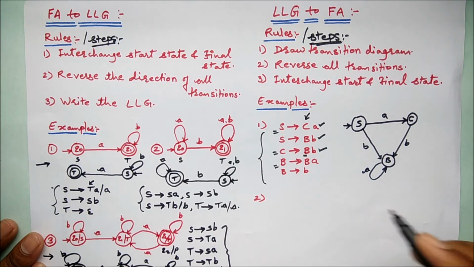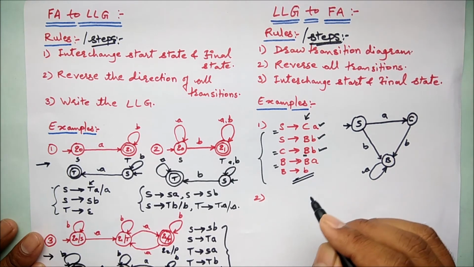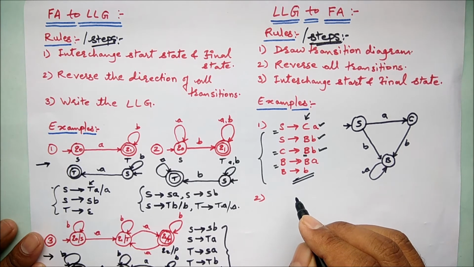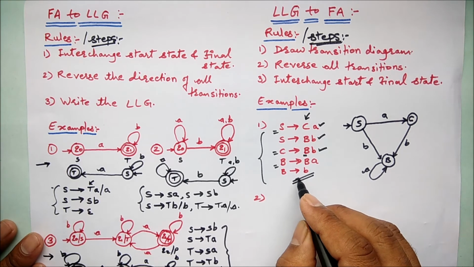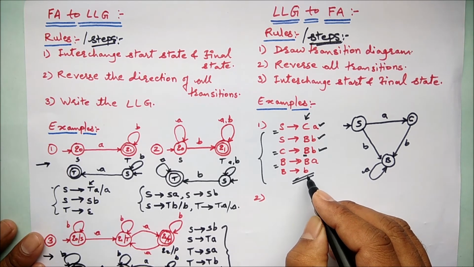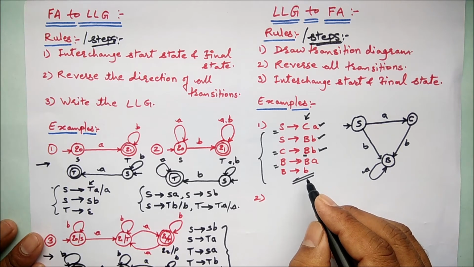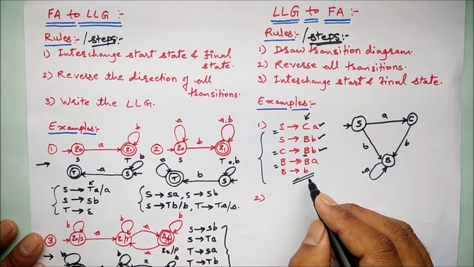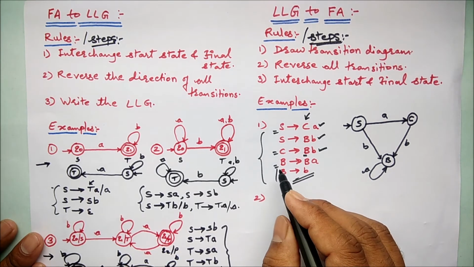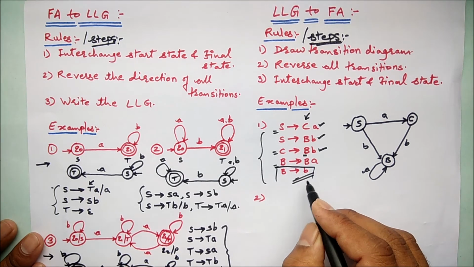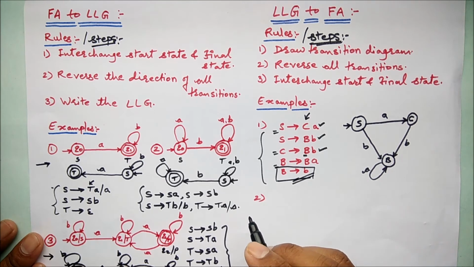And the last production you can see here is given in a somewhat different manner. The capital B is transiting to only B. No non-terminal is given over here, my dear friends, right? Only a single terminal is given. It means that B is transiting to some final state.